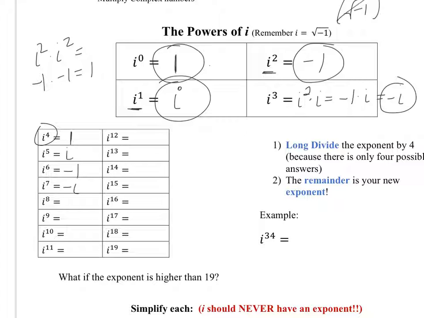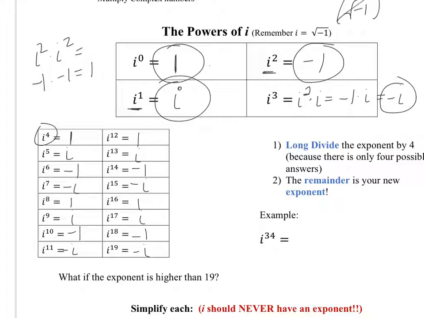So these are the 4 powers of i: 1, i, -1, -i. And this is the pattern. 1, i, -1, -i.